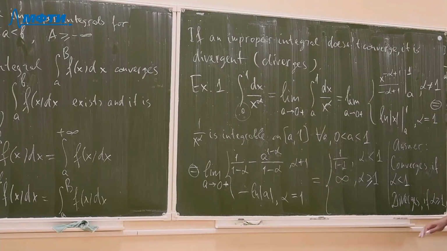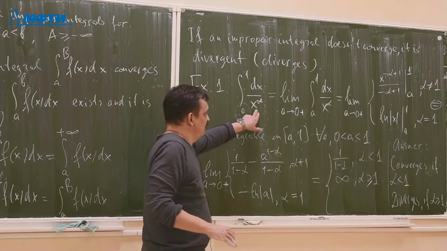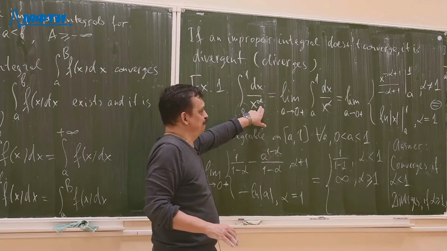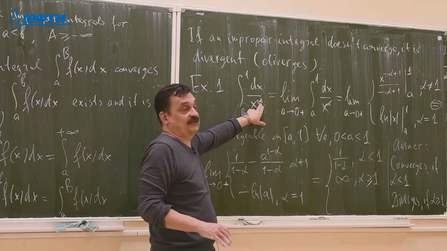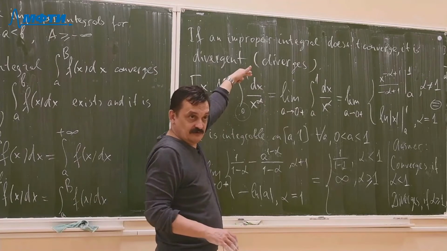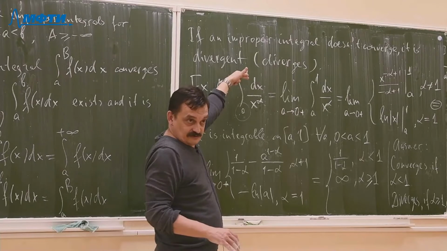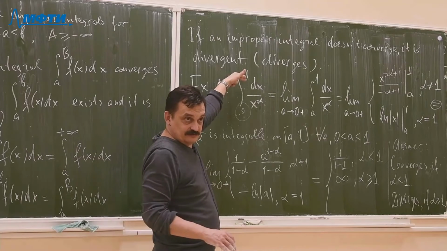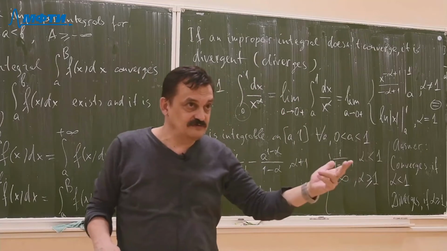Also, what is interesting for us, look, if alpha is negative or 0, what happens? Then in fact we have x to a positive exponent, right? x to the power minus alpha, where minus alpha is positive if alpha is negative.